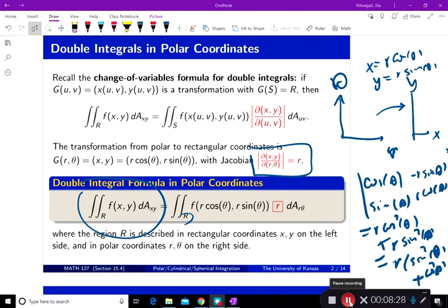Here we're saying that R is the same region described in rectangular coordinates xy on the left and polar coordinates on the right.